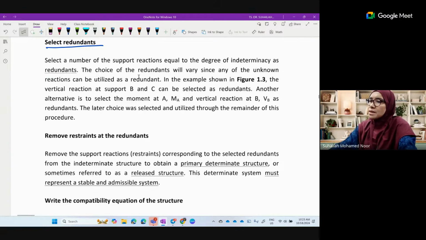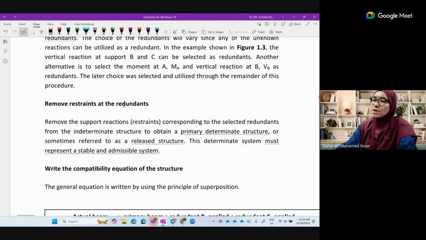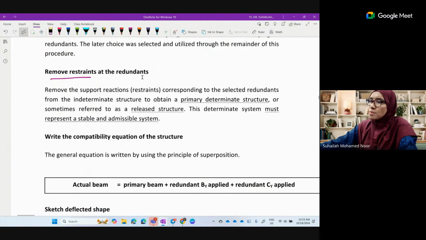I've explained about the redundant, about the alternative possible primary systems. Redundant, we have to remove from the system. The structure after removing redundant is called the primary structure.